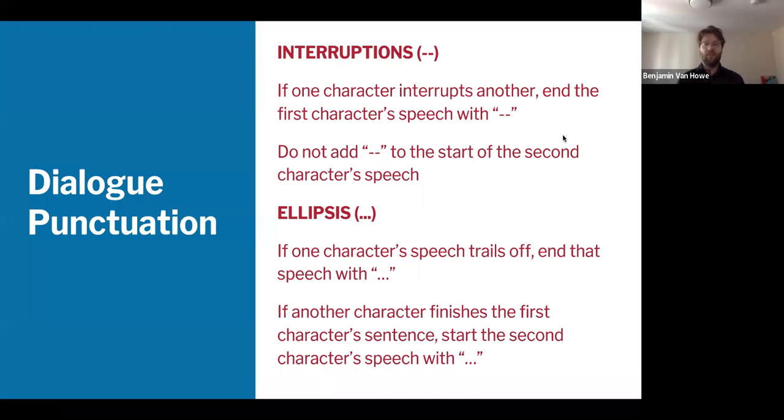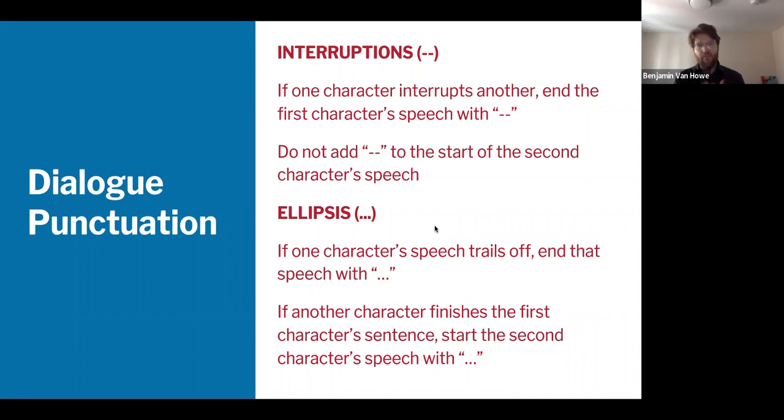So with interruptions, you'd put those 2 dash marks, just keeping in mind that the next line of speech from the second character would not start with the dashes; just before it would end with the dashes, if they're interrupting. If you want to have a character trail off, you can end their speech with an ellipsis. And if another character finishes the first character's sentence, you can start the second character's speech with an ellipsis. All right, look at that example.